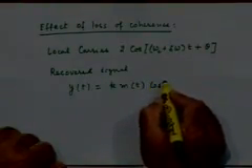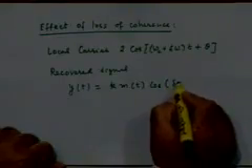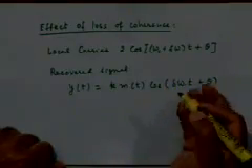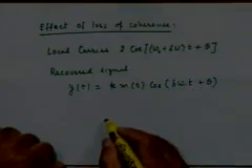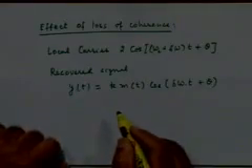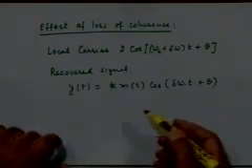It will be k times m(t) into cosine of (delta omega t + theta). It's very easy to check this out. Multiply the two, apply the trigonometric identity for cos A into cos B, and look at the term which is the low pass term. So we will get this output rather than k times m(t).